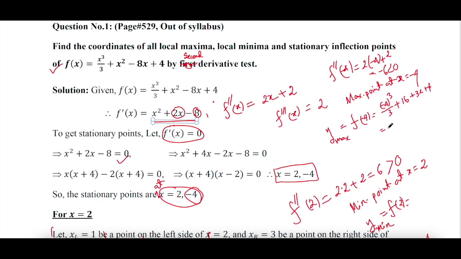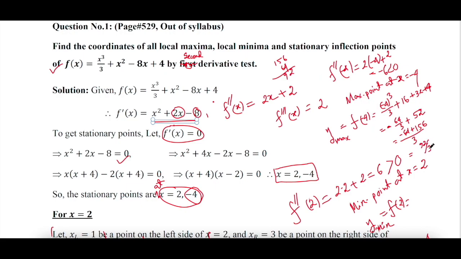So this equals minus 64 by 3 plus 52, since 32 plus 16 is 48, plus 4 is 52. So taking LCM 3, minus 64 plus 156. So 156 minus 64 will be what? Which is 92 by 3.